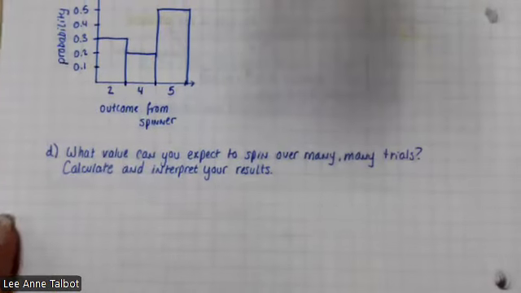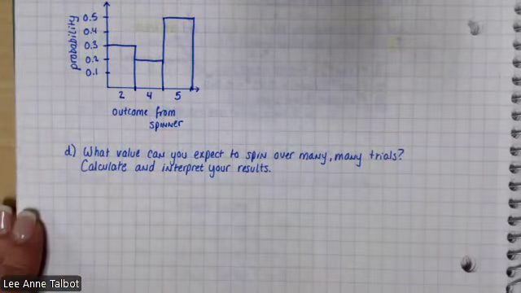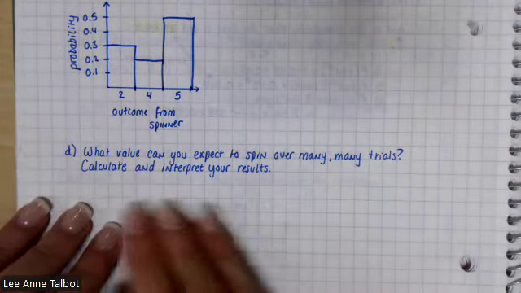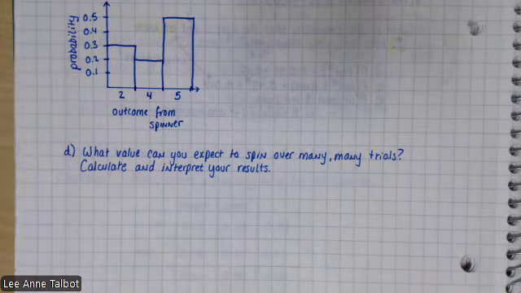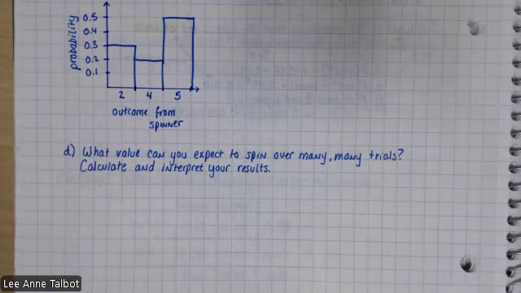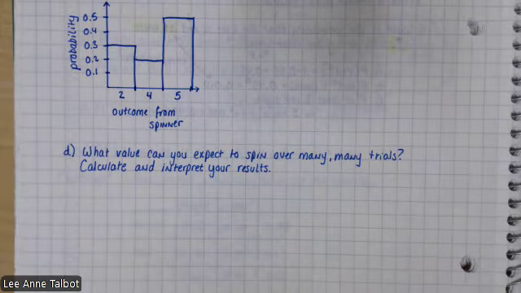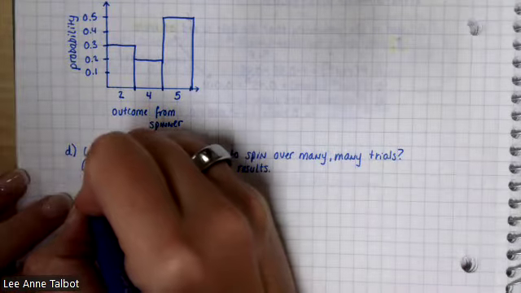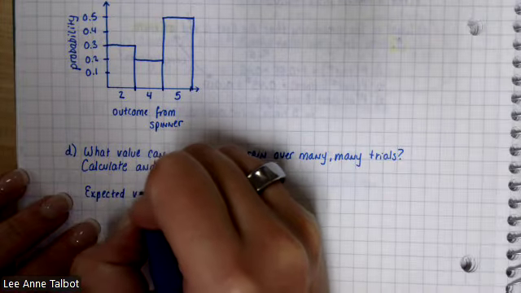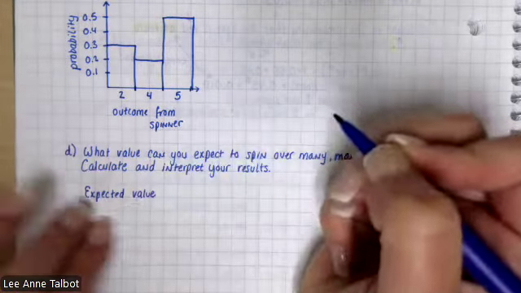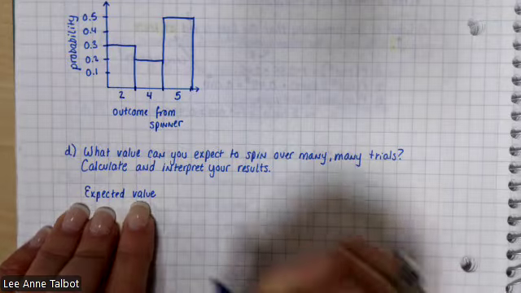Okay, D. What value can you expect to spin over many, many trials? Calculate and interpret your results. This is great because we're going to practice writing long-run relative frequency statements, which is describing probability, which is from chapter 5. Look at me. Okay, so we're going to use a new vocab word though, which is expected value.